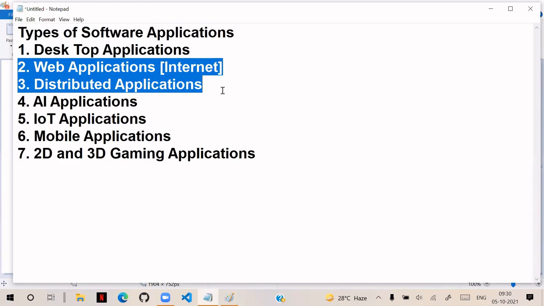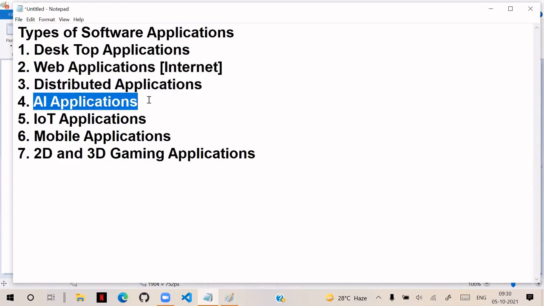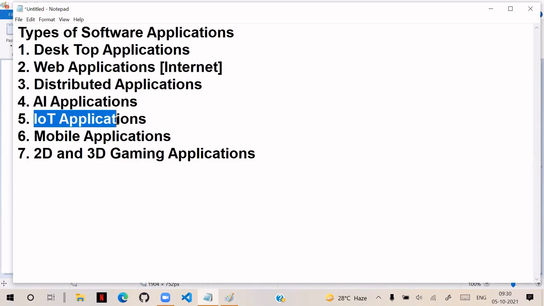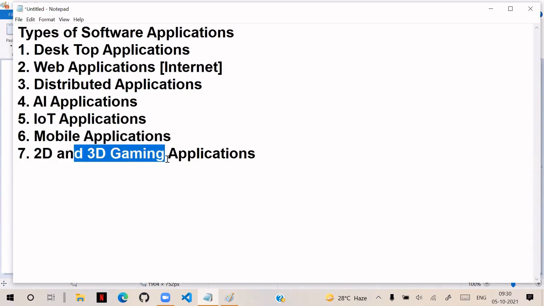Other applications, actually, as a UI developer, you can work for artificial intelligence, you can work for IoT, you can work for mobile, you can work for 2D and 3D also, but not completely. In those applications, you can handle the UI part. For that, you need so many other frameworks also.